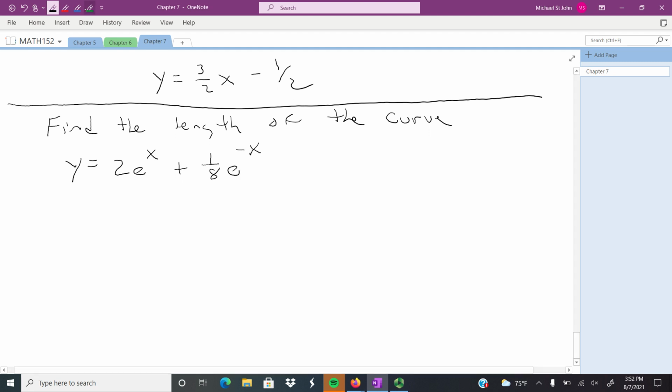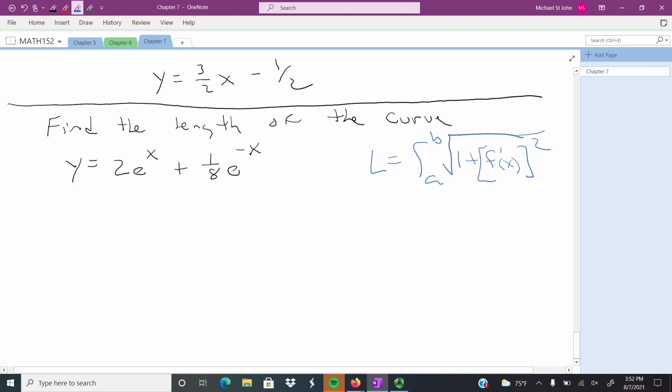And then our formula for the length is L equals the integral from a to b of the square root of 1 plus the derivative squared. Right? So that's our formula we're going to use.